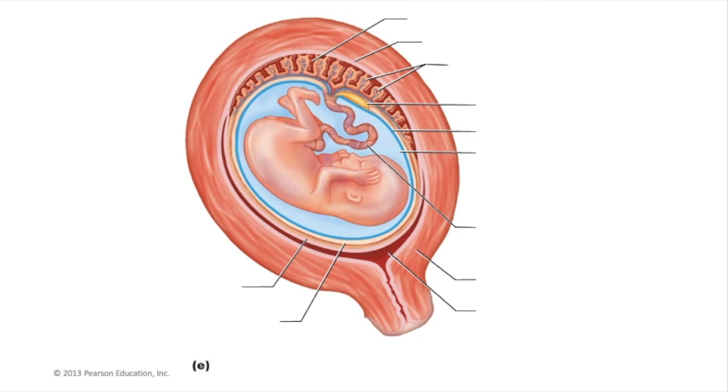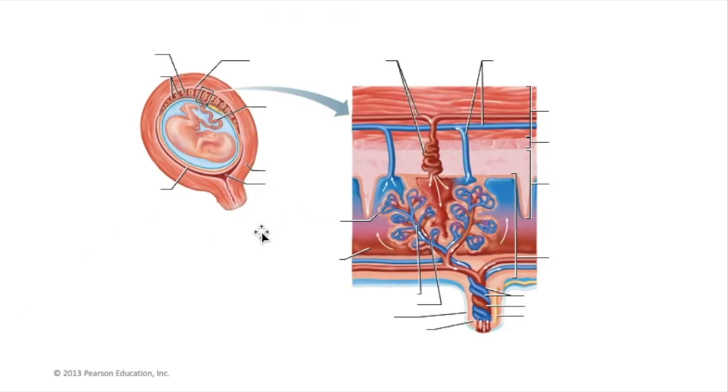And this is a closer up view of the same. We're still seeing the amnion here. Now this structure is going to be the umbilical cord. In this structure we can also see the chorionic villus here. And these contain, at this point, obvious capillaries. These would be considered fetal capillaries.